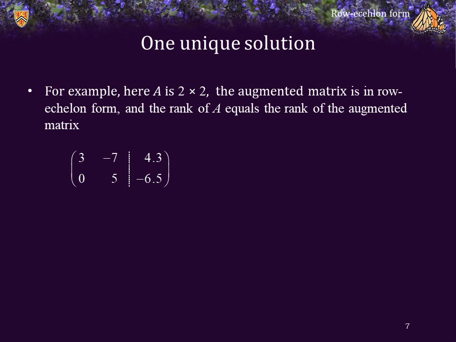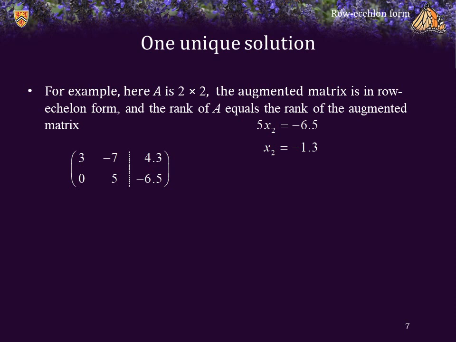Now, let's examine the last line of that matrix. That last line says that 5 times x2 is equal to negative 6.5. Well, that's just a linear equation in one unknown, which you already know how to solve. Divide both sides by 5. Therefore, x2 is negative 1.3.